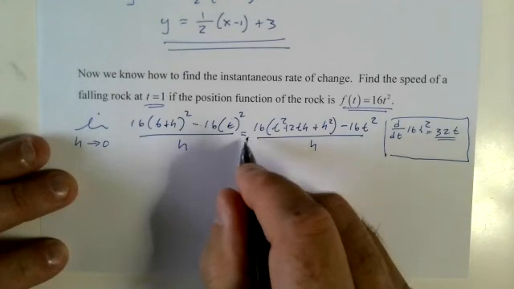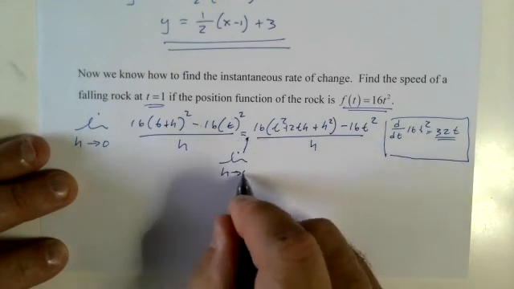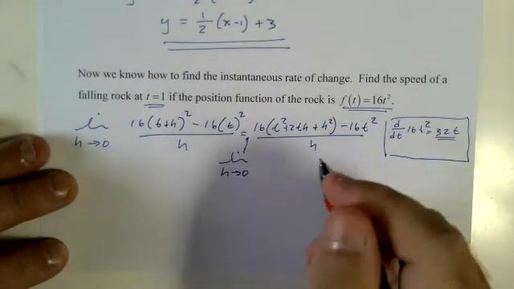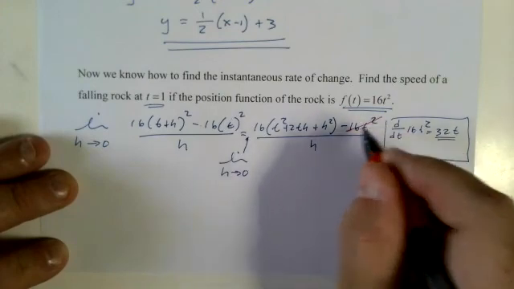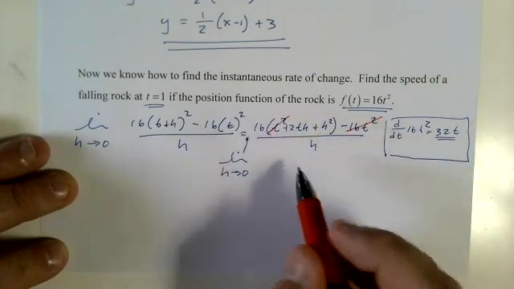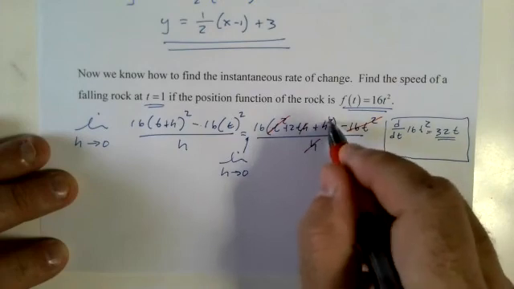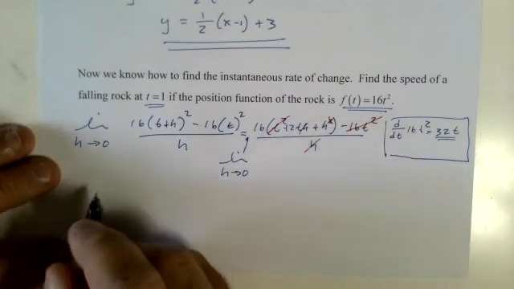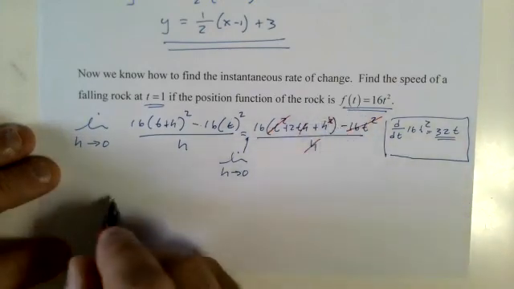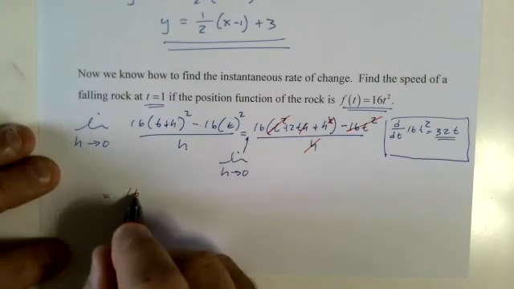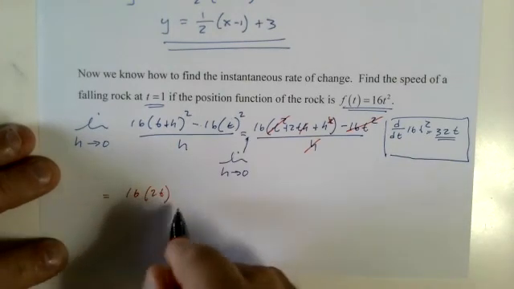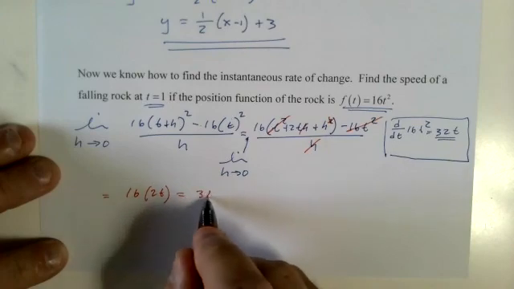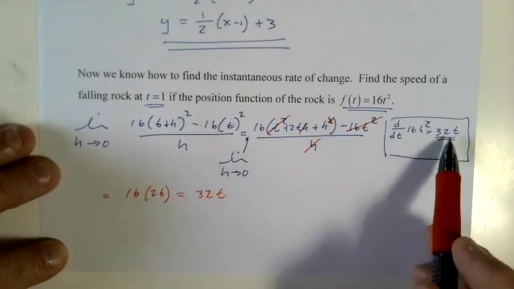Very upsetting. Limit as h approaches 0. Okay, I'll start getting rid of things. Plug in 0, see ya, equals 16 times 2t equals 32t. Hey, cool, we got it right.